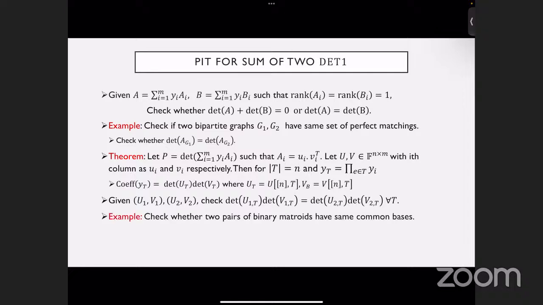And this problem captures the problem of, given two pairs of binary matroids given via matrices, whether these two pairs of matroids have the same common basis or not.